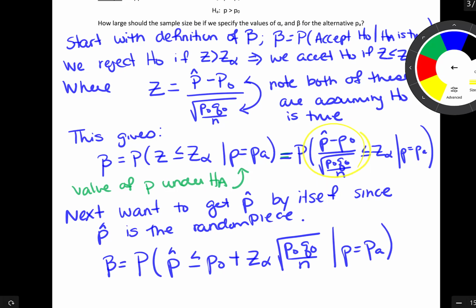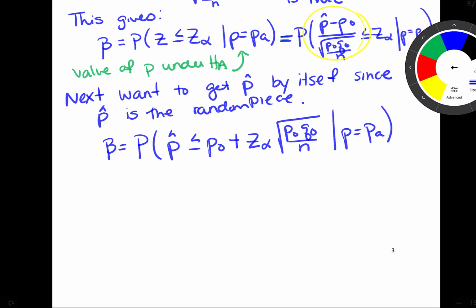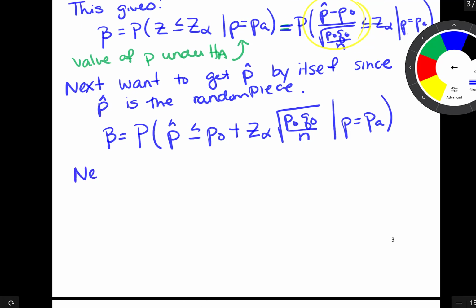We used different colors so it doesn't get confusing. We isolated the random piece, and now again we're going to re-standardize P hat.